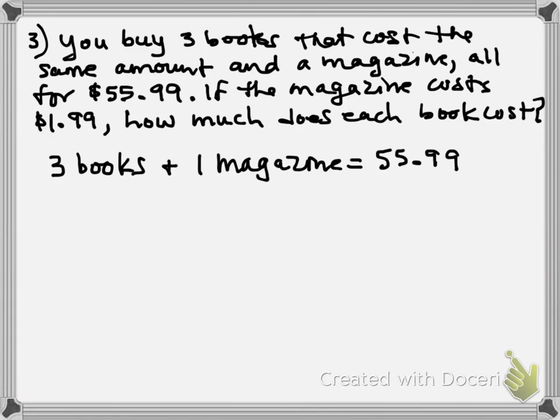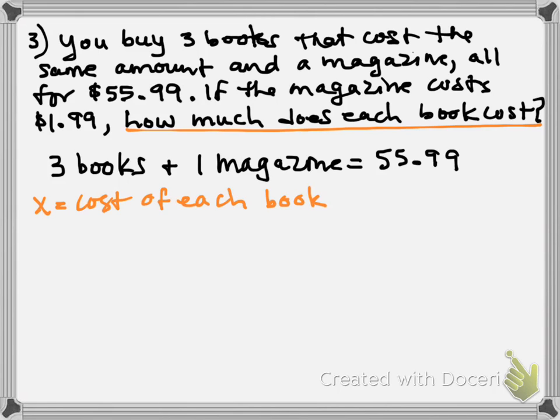What do I know about how much the books cost? They're all the same cost. Did they tell me how much it was? Oh, so guess what? When they asked me this question, that tells me that's my x. So x is going to equal the cost of each book. Okay. Did they tell me anything about the magazine? What did they say about that? So that is going to go here.